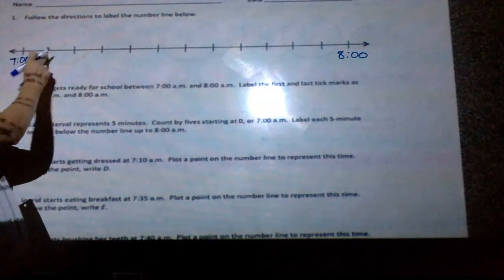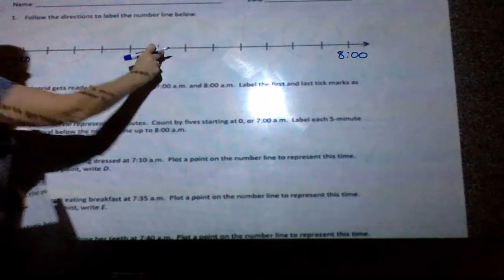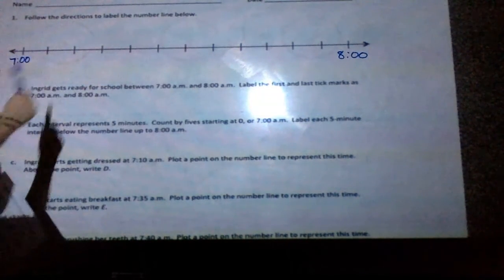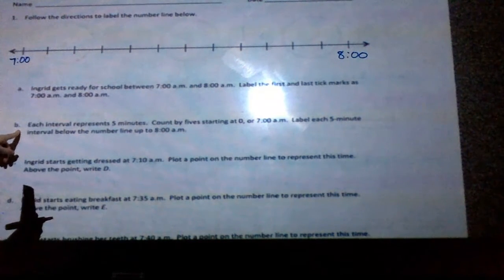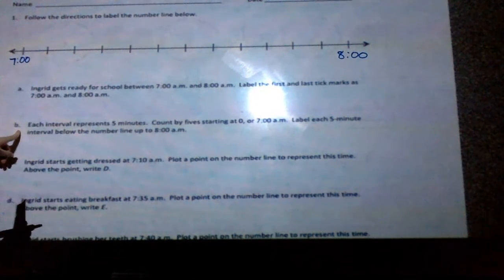All right, each of these hash tick marks are going to be 5 minutes. So there's going to be 12 5-minute groups between 7 and 8. B. Each interval represents 5 minutes.